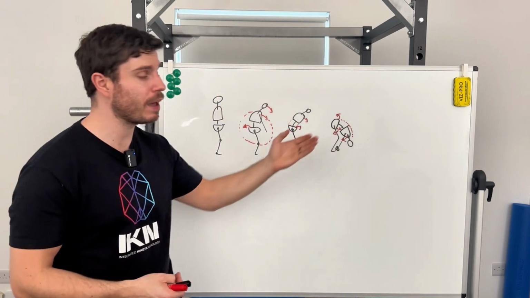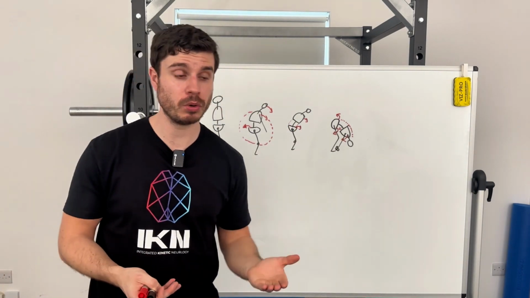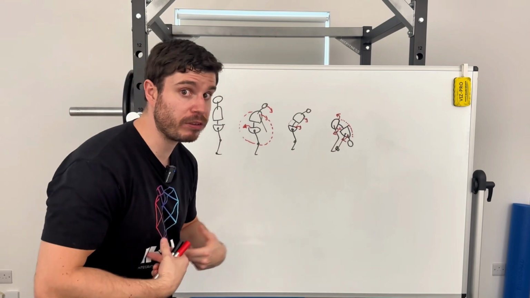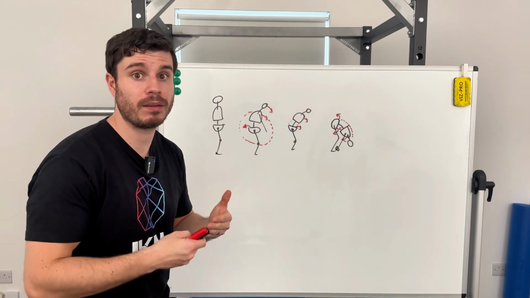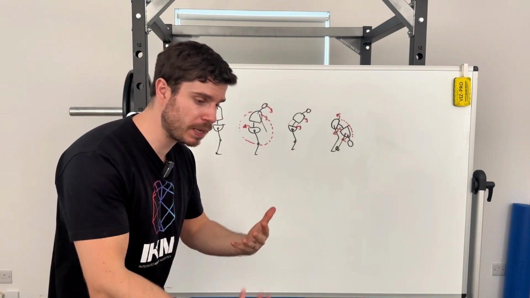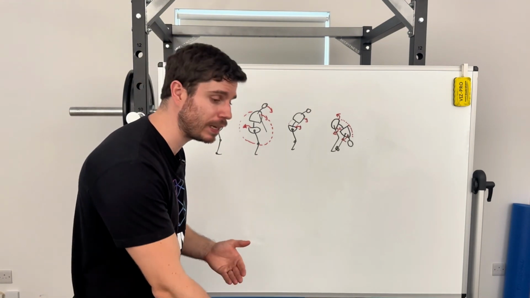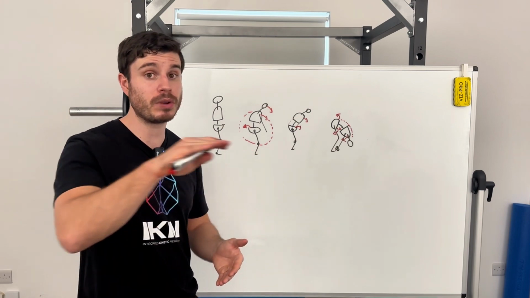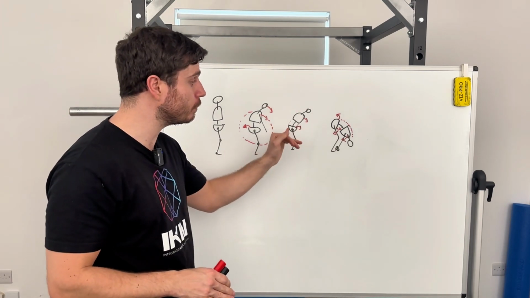Okay? So you may have clients that struggle to touch their toes, but they are very, very flexed at their spine from the very beginning of the toe touch. And as they progress through the middle phases and into the later phases of the toe touch, they're demonstrating a great deal of lumbar flexion.